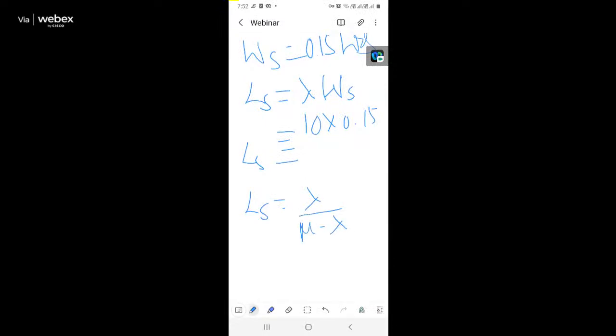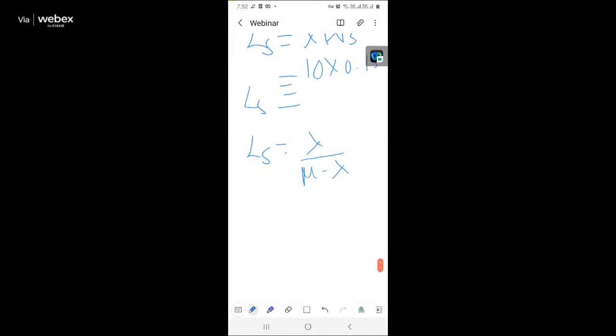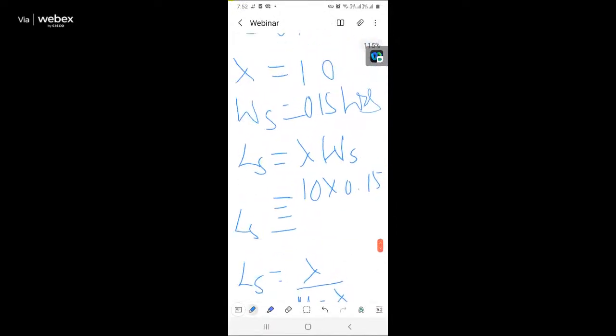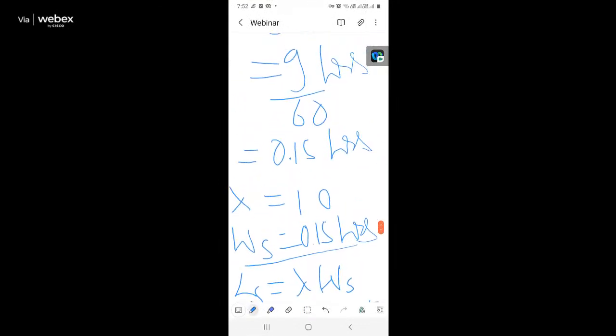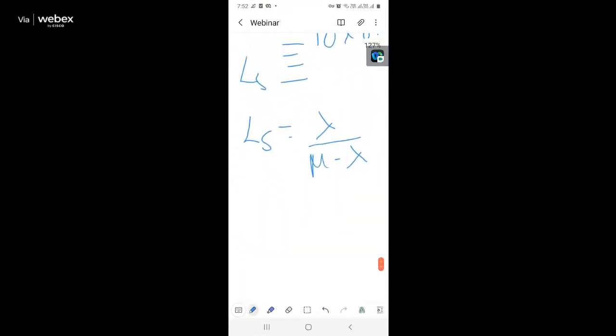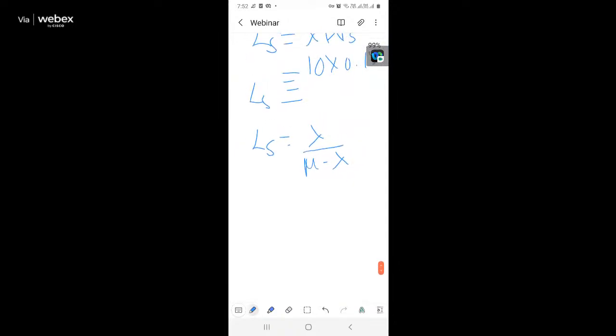So please anyone tell the answer of LS, and also check whether WS is 0.15, that is 9 by 60. Please tell by unmuting, because I'm doing this on the phone and can't open WebEx again to see.